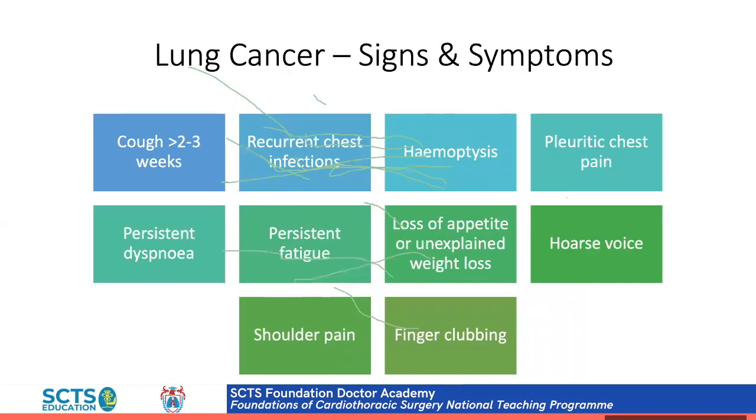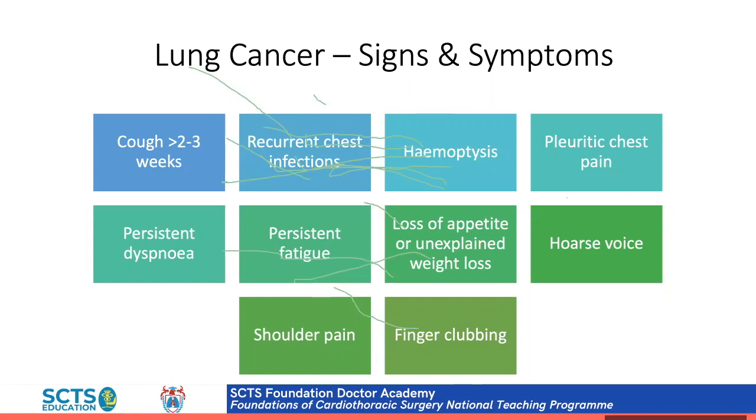Super. So someone said about red flags, and that's also really important. GPs are usually following quite strict referral criteria, and these red flags are usually what they will elicit when they take a history. So a cough over 3 weeks is one of those. Other symptoms of lung cancer can be recurrent chest infection, hemoptysis, of course, if the cancer is eroding into any major vessels, pleuritic chest pain.